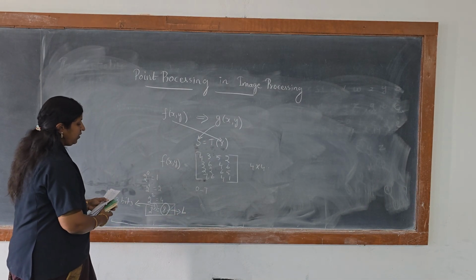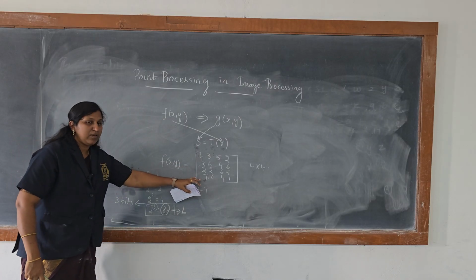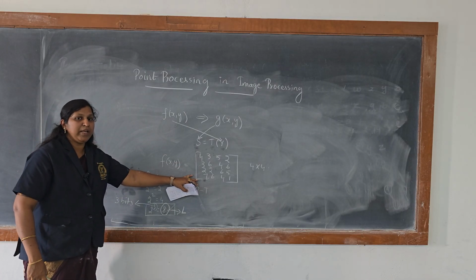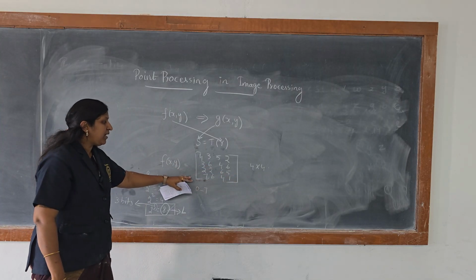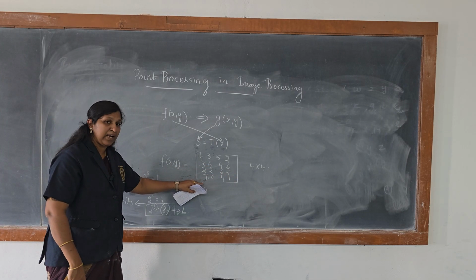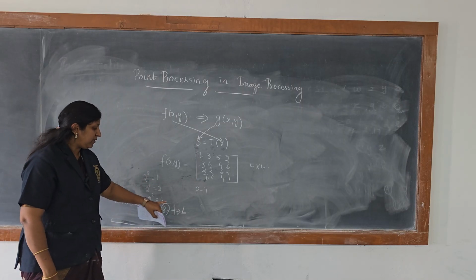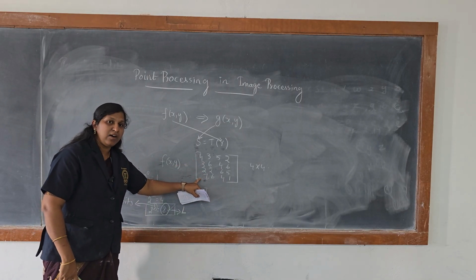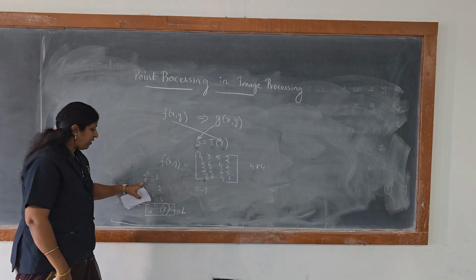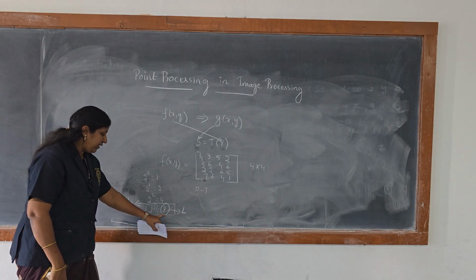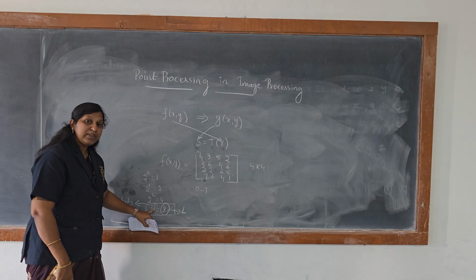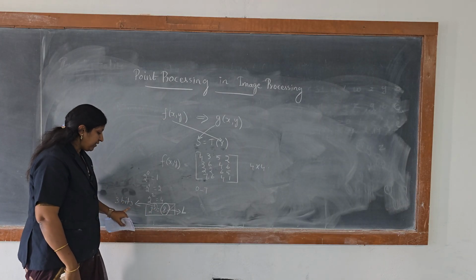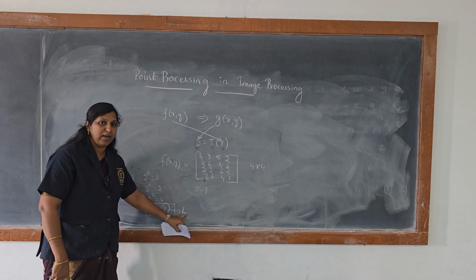So we considered one image matrix of size 4x4, wrote all the intensity values in powers of 2, and selected the 2 power 3 equal to 8 relation. From that, 3 is the size of the image and 8 is the L value.